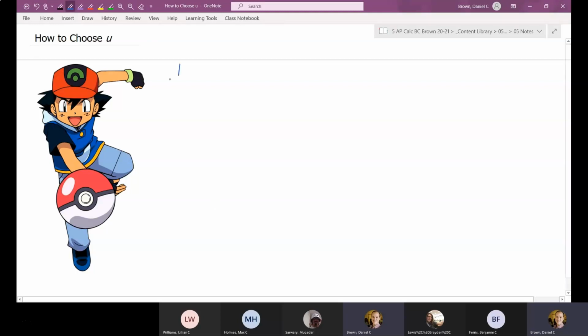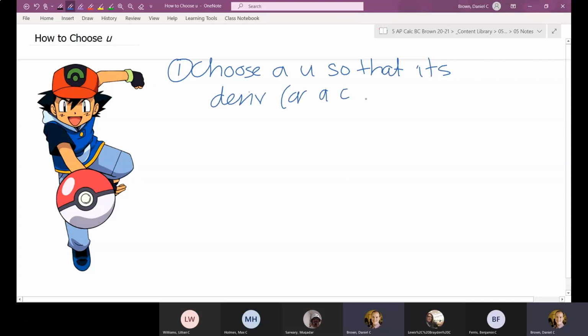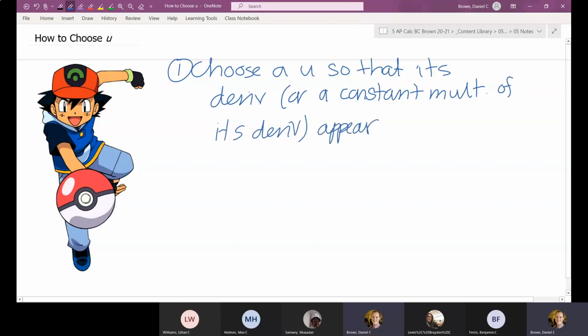The first thing I want to do is choose a u so that its derivative, or a constant multiple of its derivative, appears elsewhere in the integrand. And of course, we are going to call its derivative u prime, notation-wise.